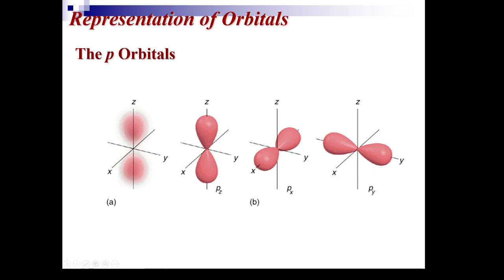They only have 1 node, right there, where the dumbbell meets. This area here is the node. No matter their size, the node doesn't increase like an S with the sphere.